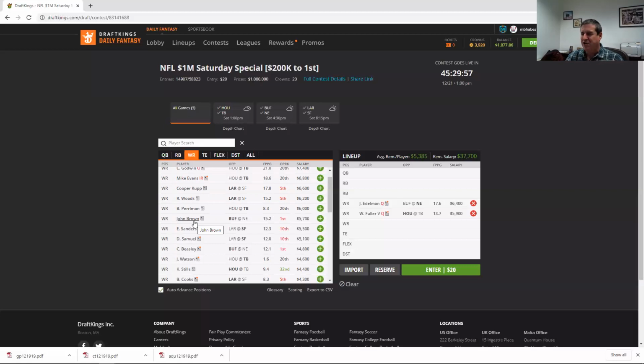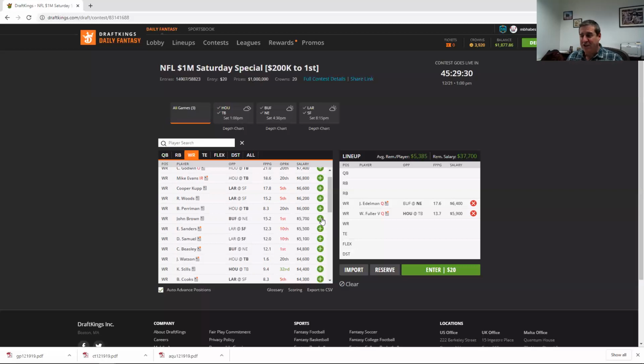But the way wide receiver results distribute, that's really not that big of a deal. It seems John Brown is projecting to have, I won't say half the ownership, but he's the lowest owned of all these guys, like Kupp at 20%, Emmanuel Sanders at 20%, Robert Woods 25%, Rashad Perriman at 30%, okay?